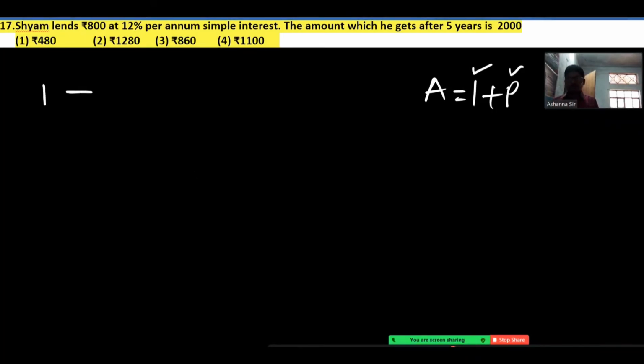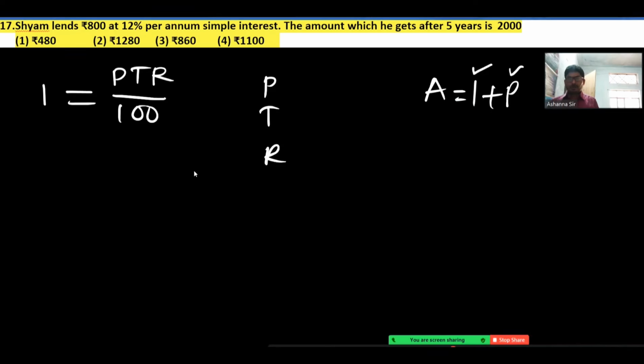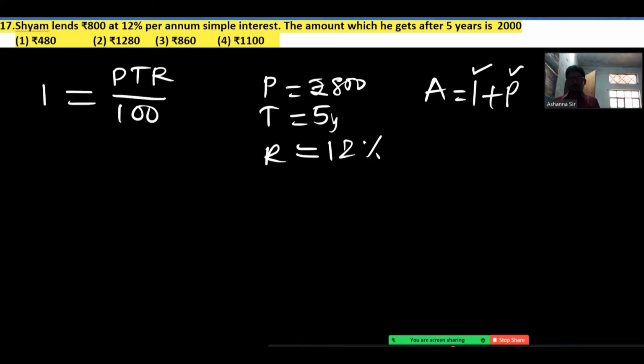So first, interest formula PTR by 100: principal 800 rupees, time 5 years, rate of interest 12%.